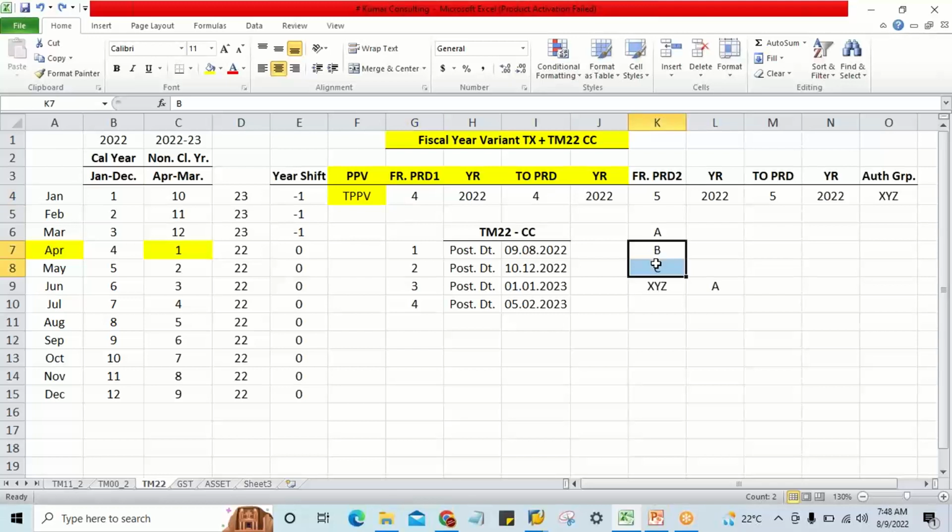The remaining users, B, C, D, whichever other users are there, even though they know that the previous period is open, will not be able to post transactions for the fourth period unless their user IDs are also assigned here against this authorization group. So the authorization group is putting some additional restrictions.